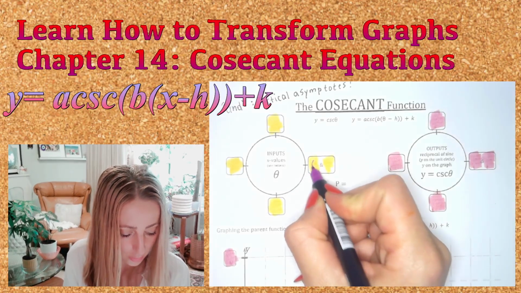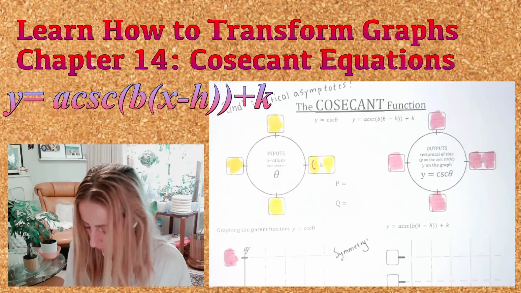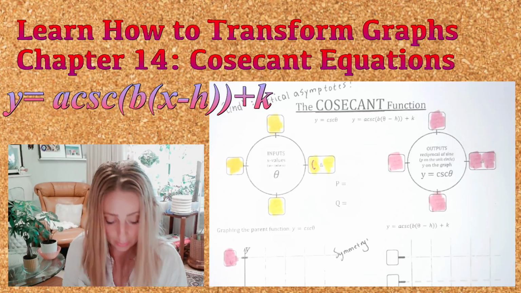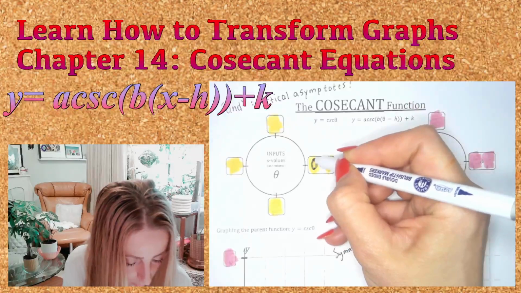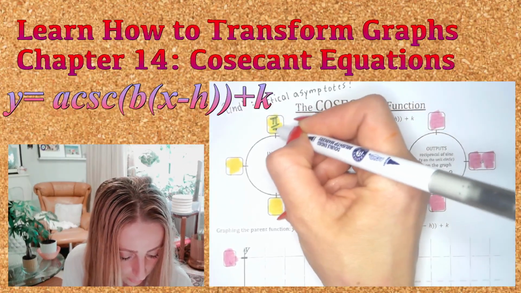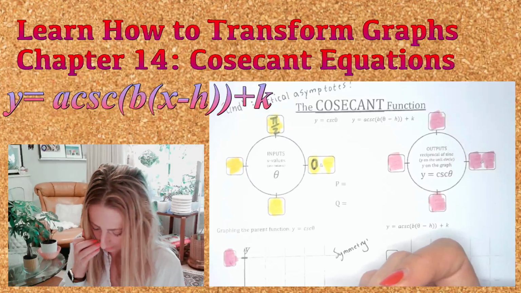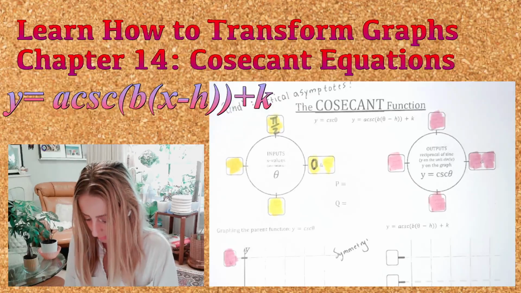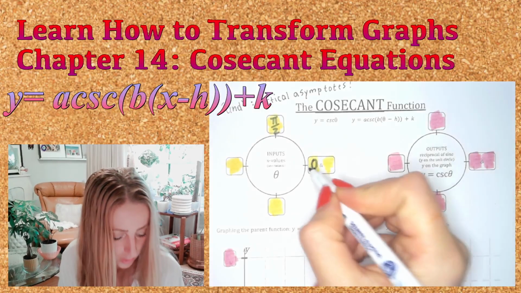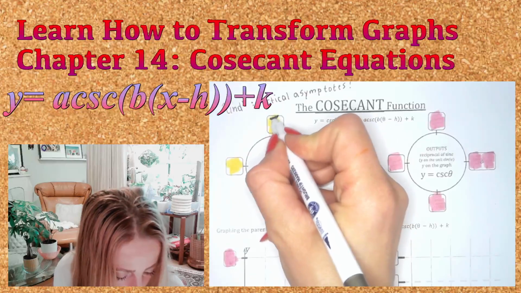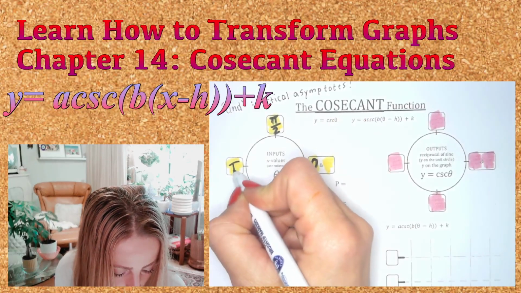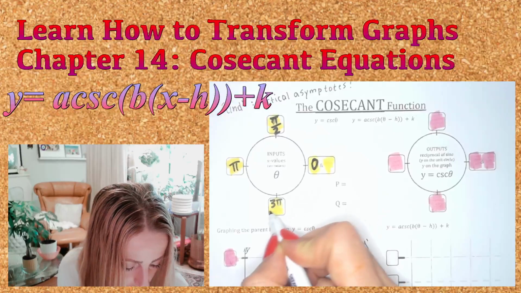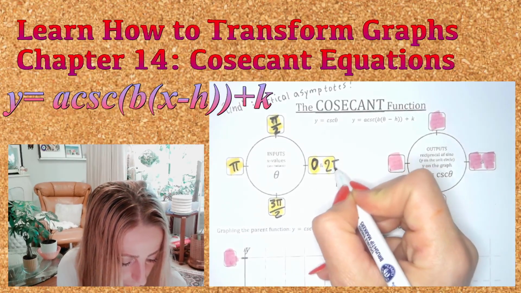So if I go around, what are the angles? If I want the angles, those are going to be the same quadrantals we've been using. We got 0, pi over 2, pi, 3 pi over 2, 2 pi.